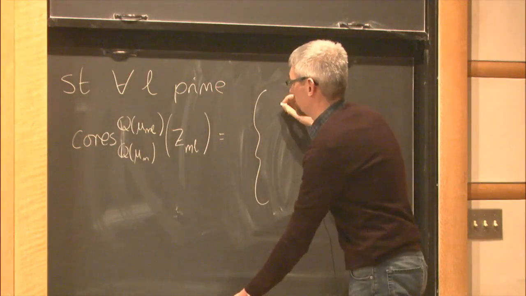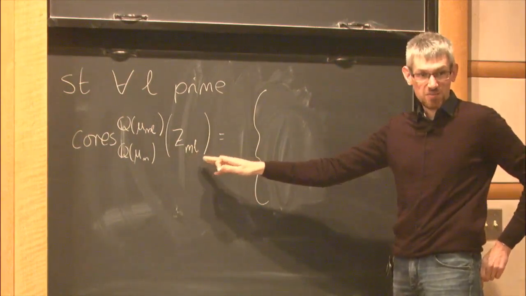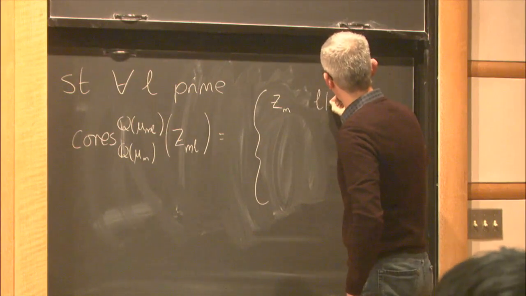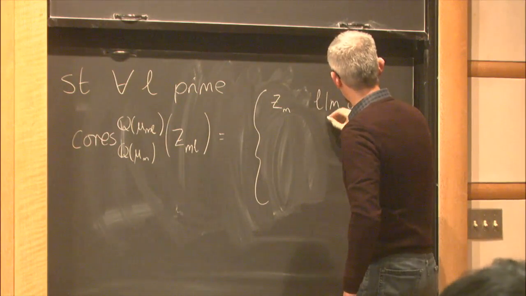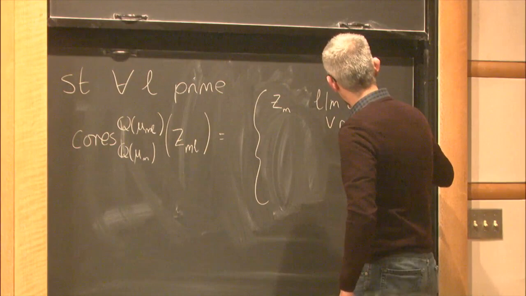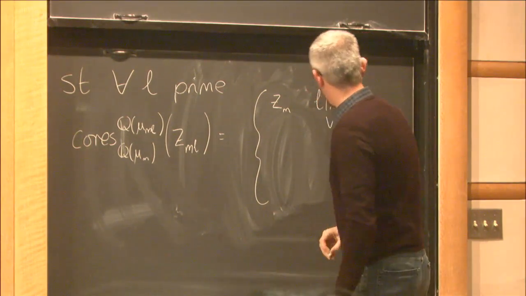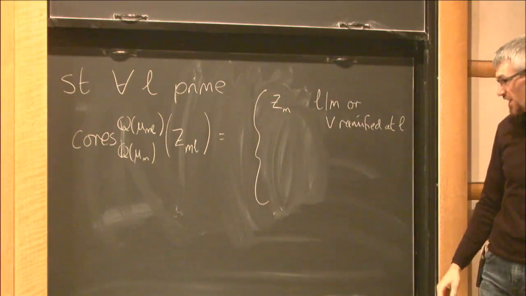If l divides m, or if l is a bad prime, then you should just get z_m. So the bad primes you don't really know what to do, so you just do the simplest thing.